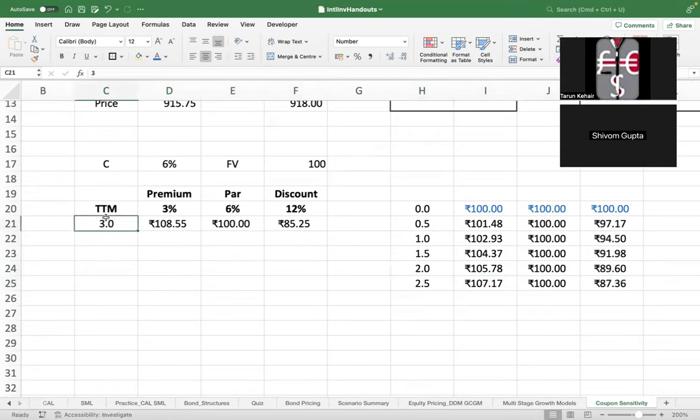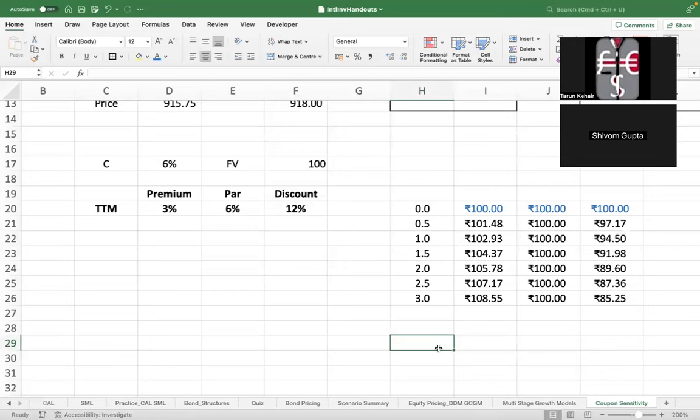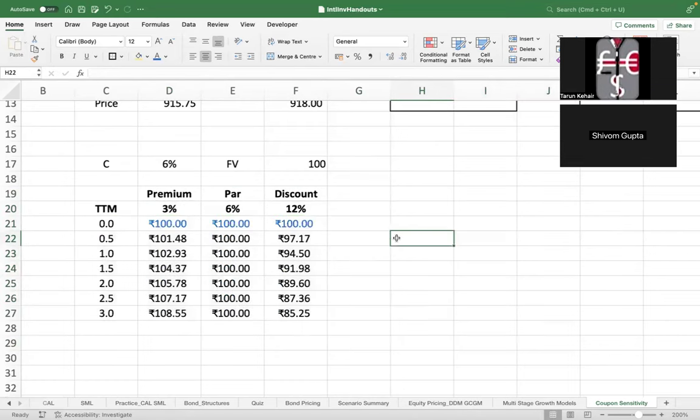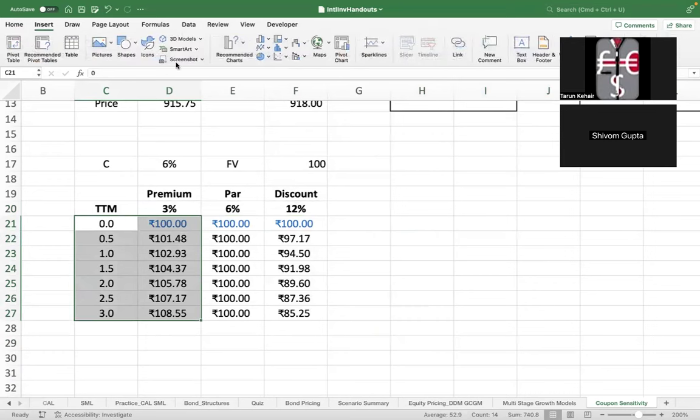So what I've done is I've just transposed this matrix. That's it. Earlier, the time to maturity was going closer and closer to maturity. Now we are starting from maturity and going farther away. But all this remains the same. Right? So now if I were to draw the graph, let's see how it looks.